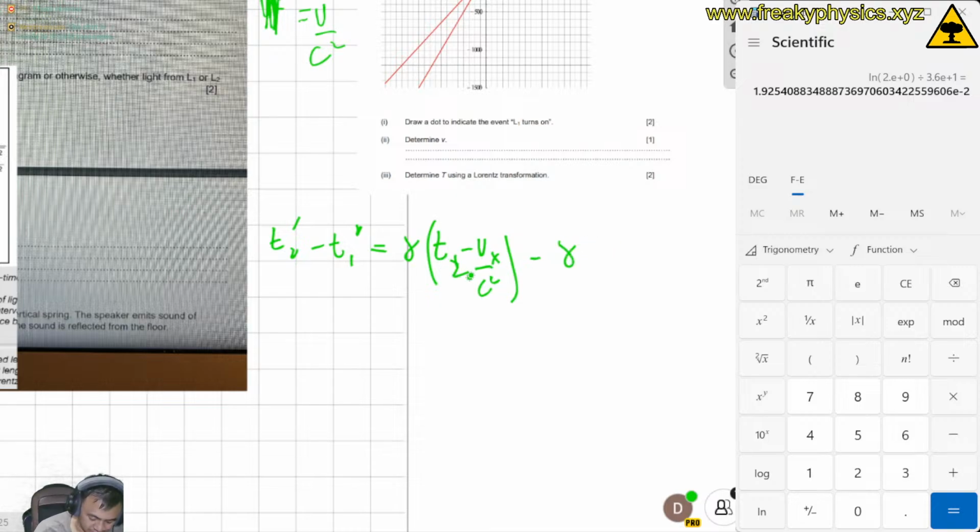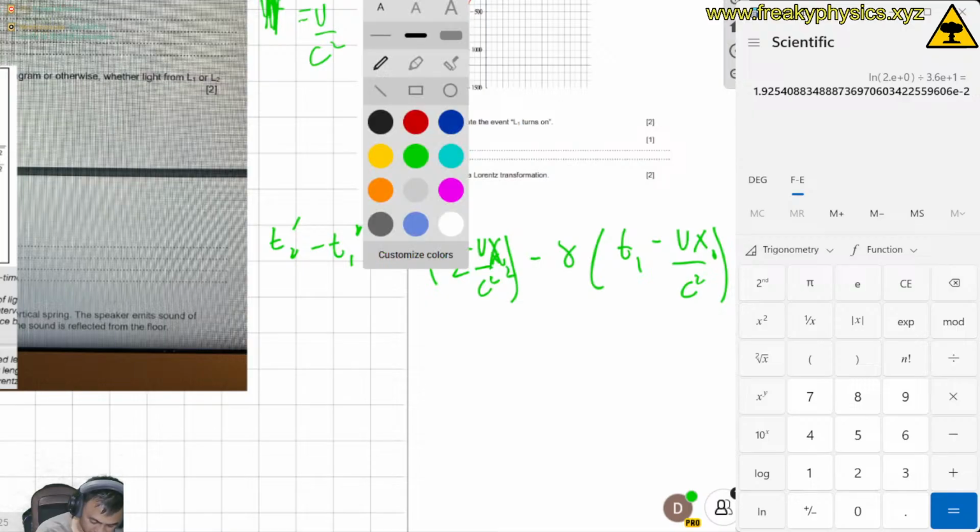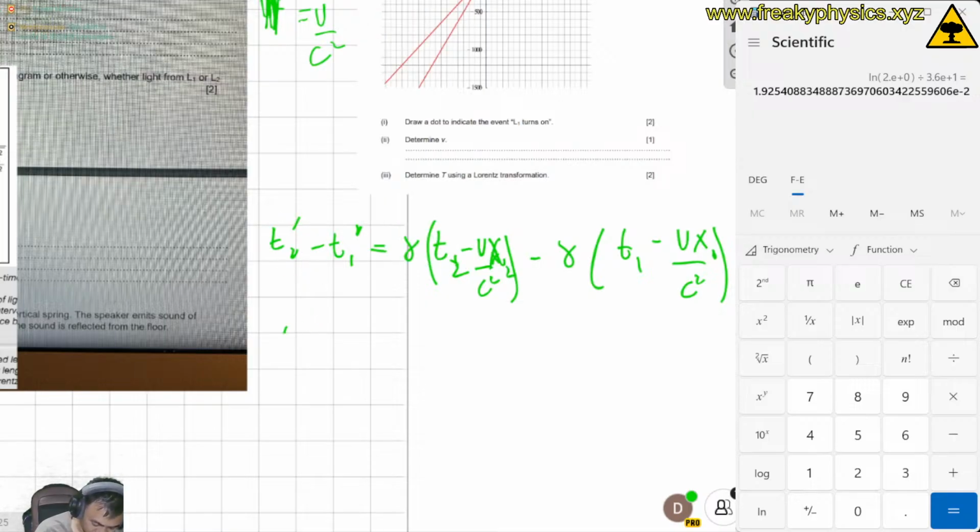The times would change, but the x's would also change, so we label them 2 and 1. This is going to be delta t prime.